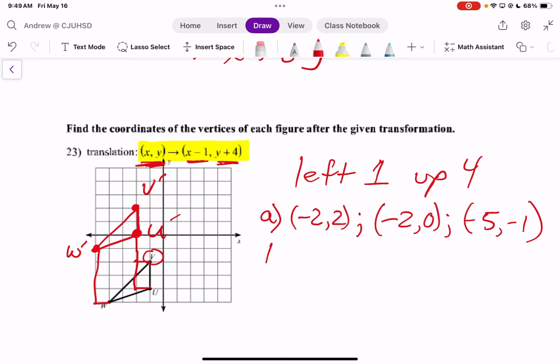And then B, C, and D will be fake ones where it's not right. So translation, reflection, rotation, in that style where you're naming the new points, and then you'll see on the last 3 like that will be a little bit different, but we can talk about that on Monday.